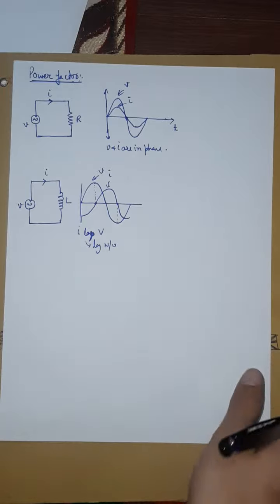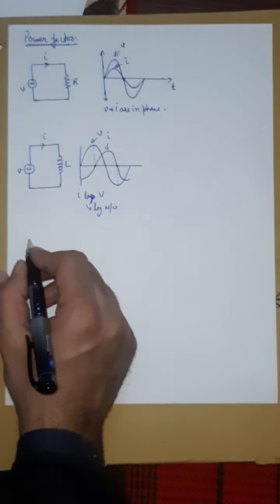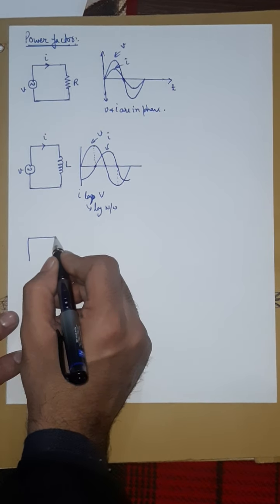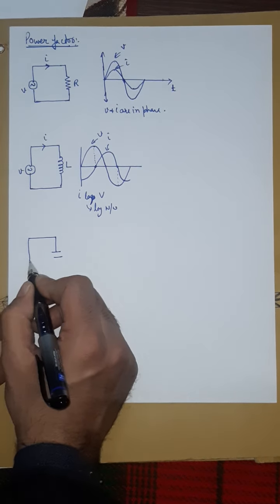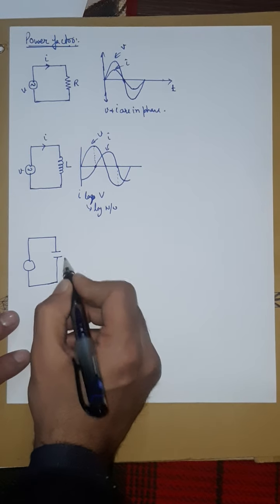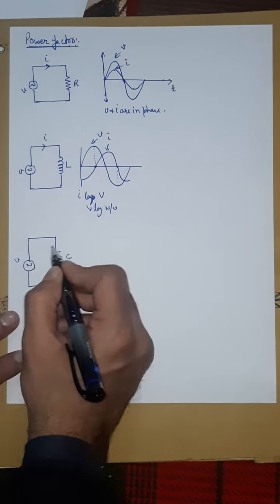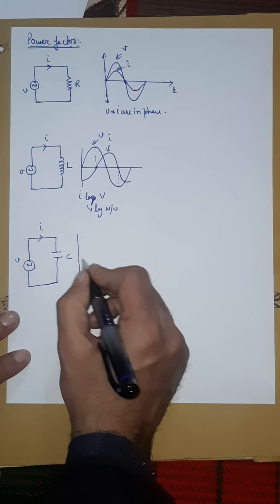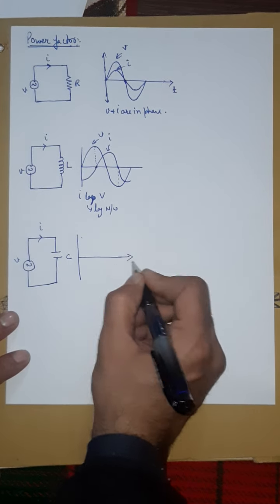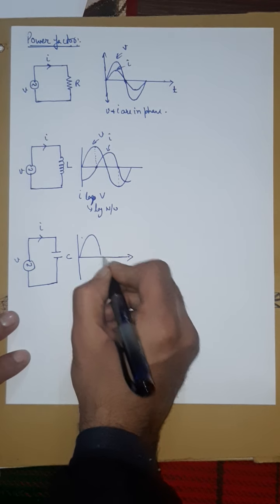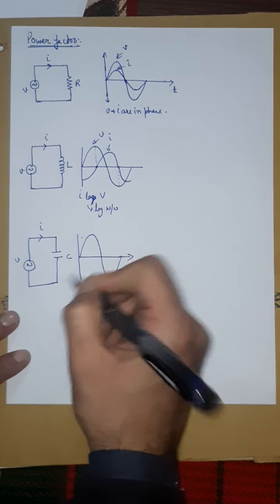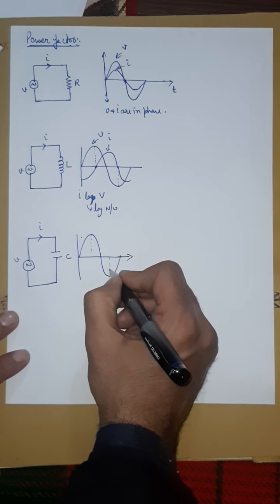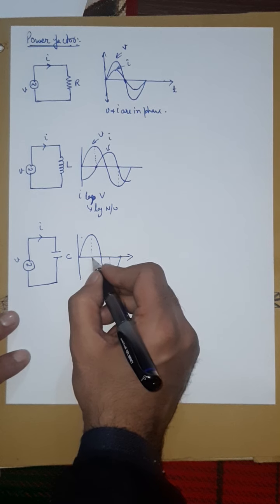Got it? Now the third case, a purely capacitive load, with voltage source V and sinusoidal current I. How will the circuit behave? This is my V, and the current will be like this.